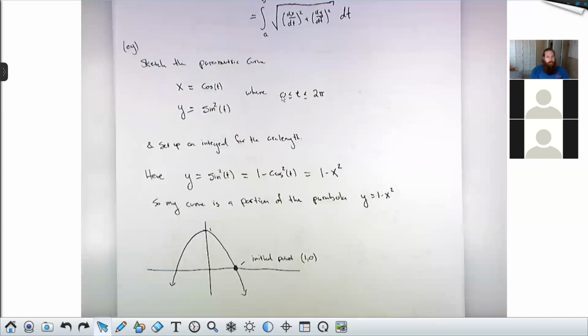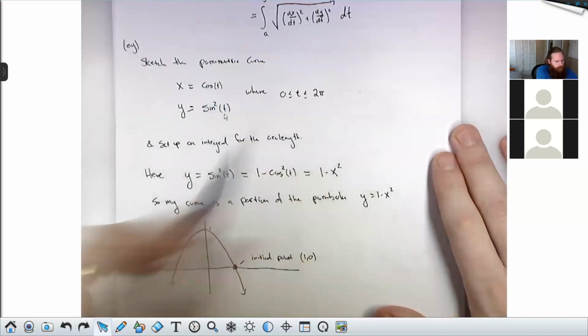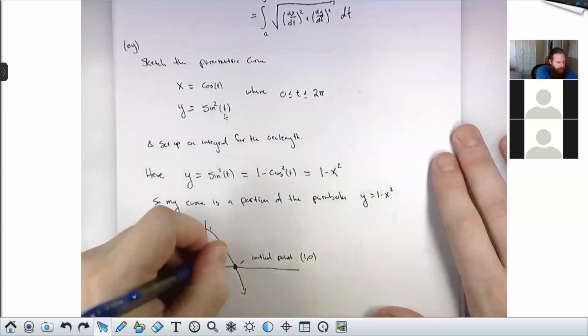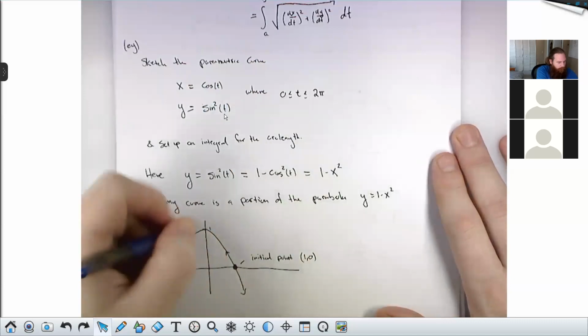Now, as t increases, say from 0 to pi over 2, cosine t decreases from 1 to 0. And sine squared will increase from 0 to 1. So as t goes from 0 to pi over 2, just getting started, my ant is walking along this way.